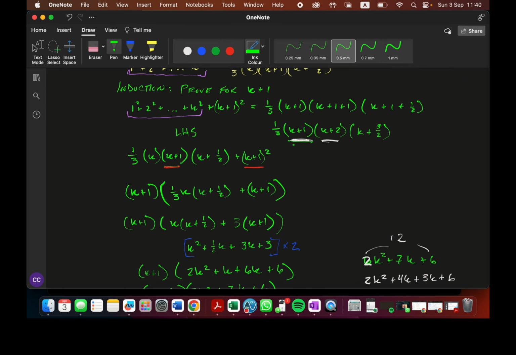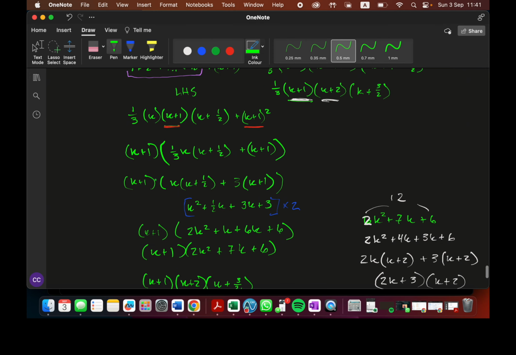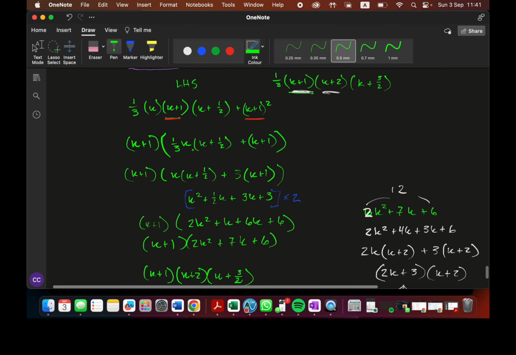Right, let me think. Oh, here's my 1/3. When I multiplied by 3, it's the same as dividing by 1/3. That needed to come out. I just didn't write it down, so it also comes to the front here.